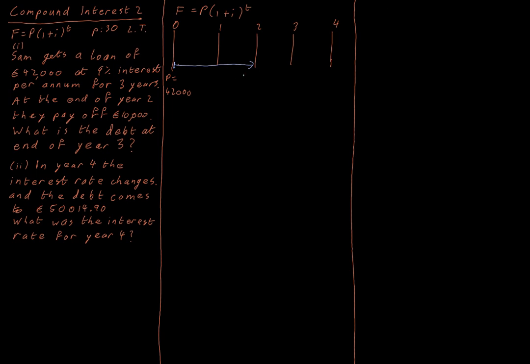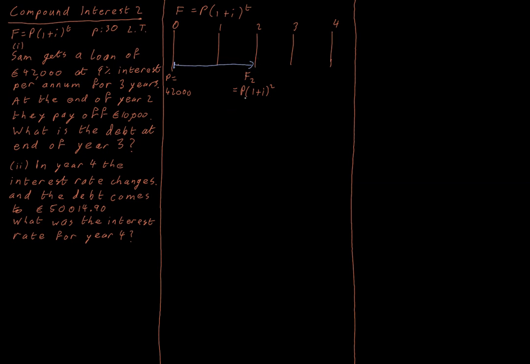I can get my final value for year 2. That's just going to be the present value times 1 plus i to the power of 2. Nothing has happened by this point to change the amount of money in the account other than the interest being accrued. So I can use my formula up to this point.